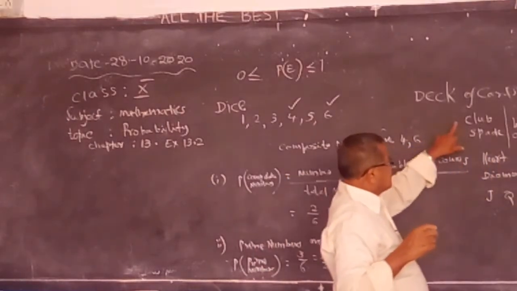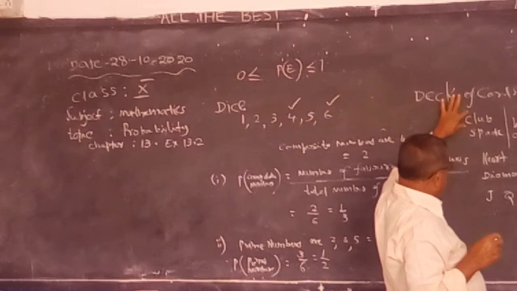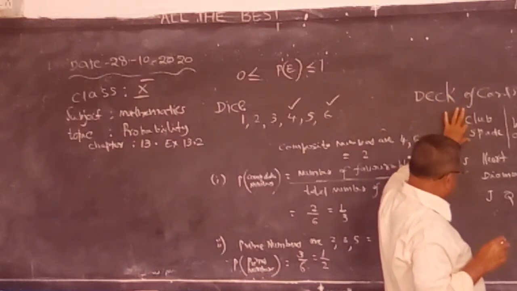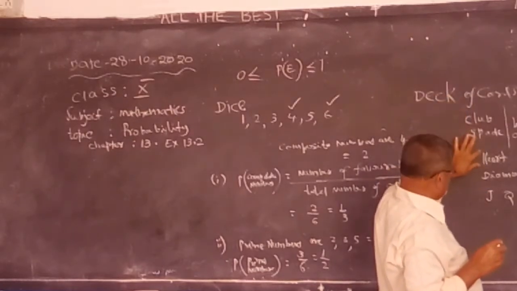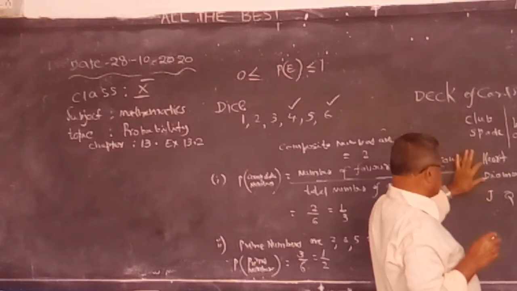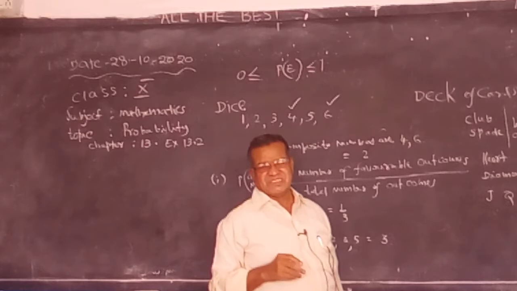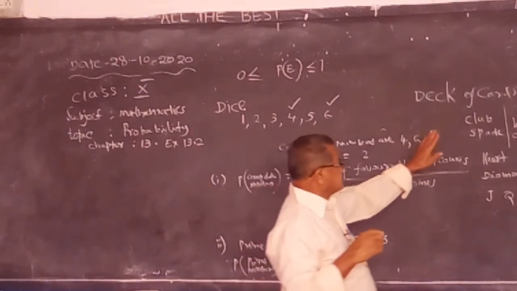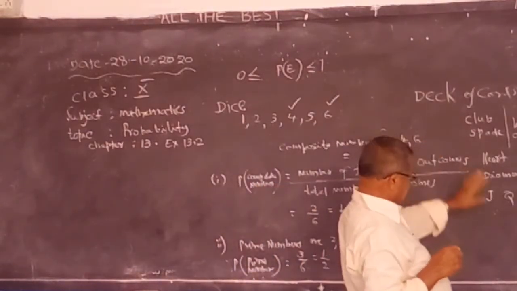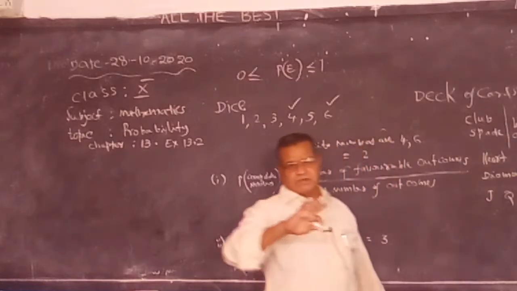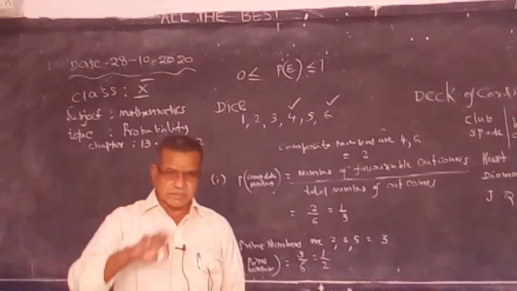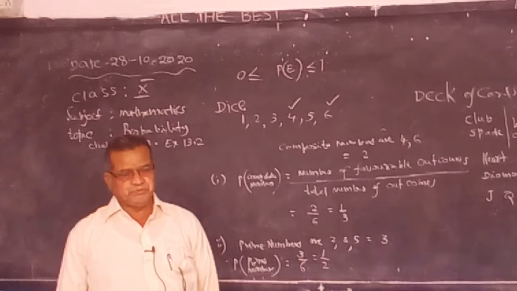There are 3 face cards in club, 3 in spade, 3 in heart, 3 in diamond. Total face cards are 12. Among the 12, 6 are black and 6 are red. You will be asked like this, so you must be aware of all these points.